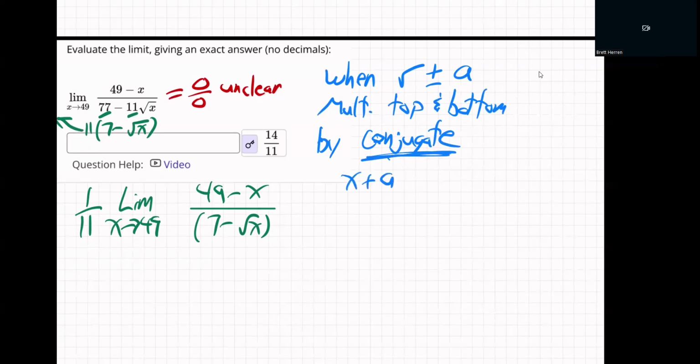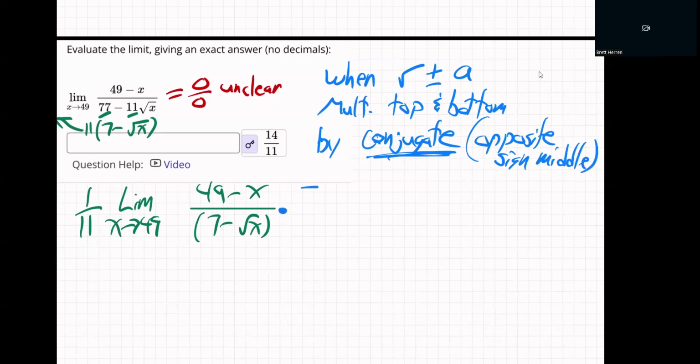If you have the square root plus a, then you want to use the conjugate, which means opposite. I'll just write it in words: opposite sign in the middle. That's the conjugate. So I'm going to multiply by 7 plus root x, top and bottom.